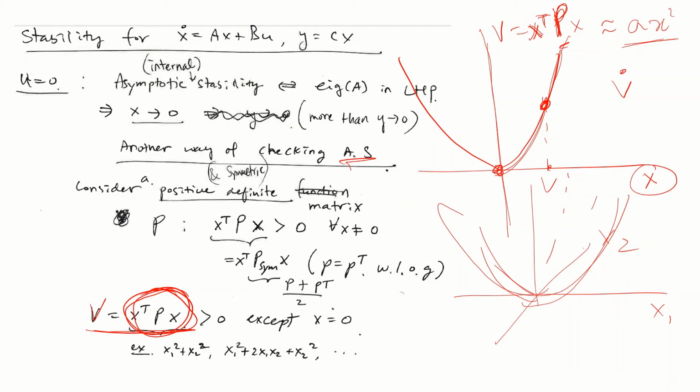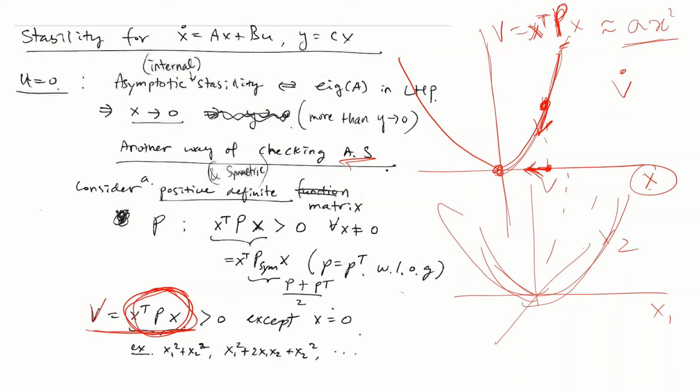At some particular time t we have a particular x, and for that x we have the V. And suppose this V is decreasing. As t gets increased, suppose x moves in this direction. So that's how x changes over time.